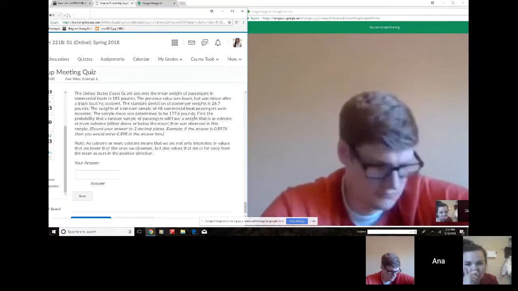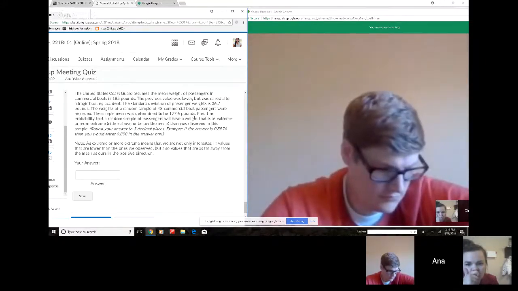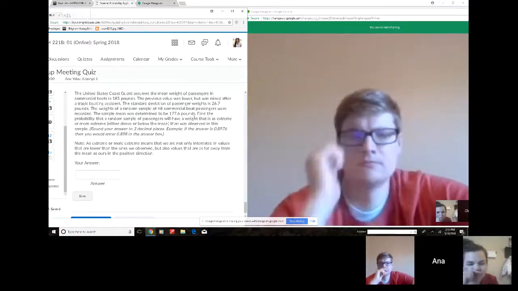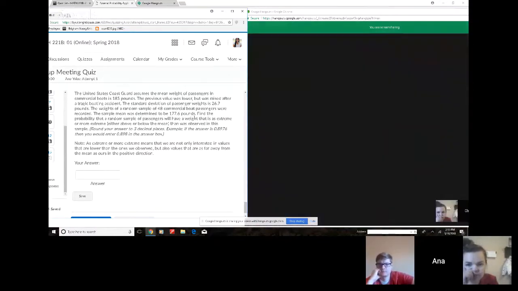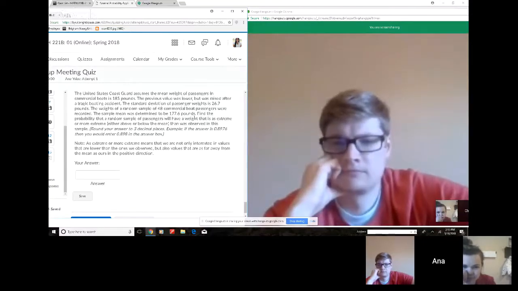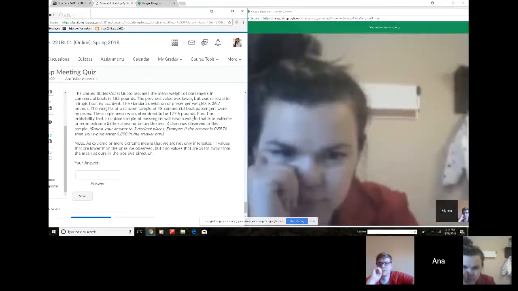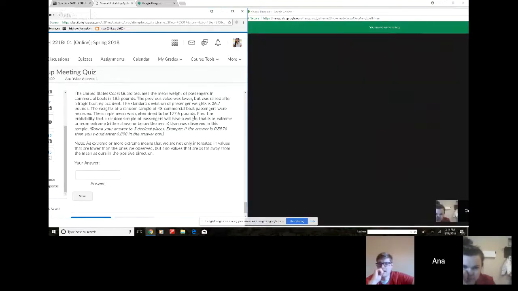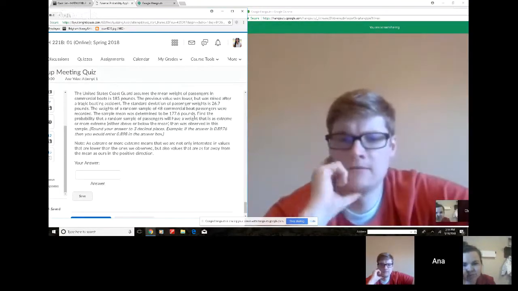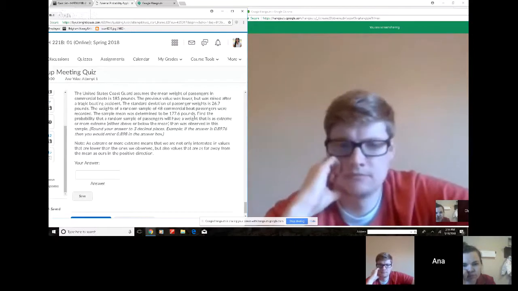Find the probability. So you use the applet, right? That a random sample of passengers will have a weight that is extreme or more extreme. Okay. So to find the probability, you get a z-score, and then you put it in the applet and find the area.